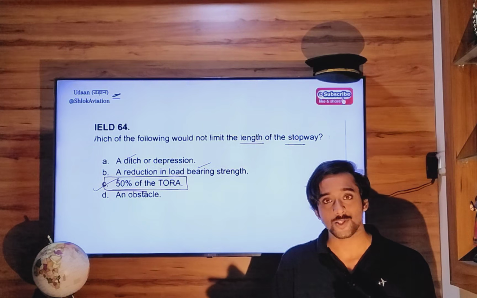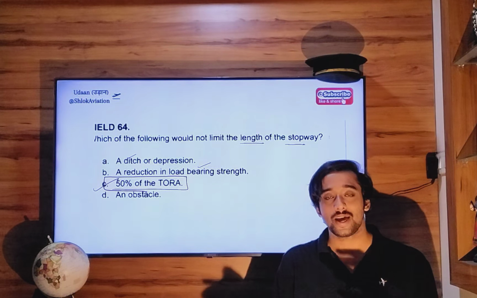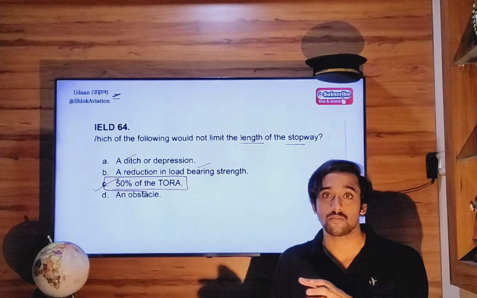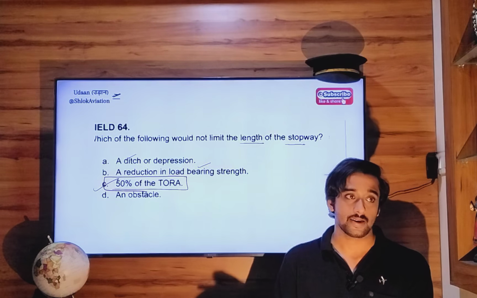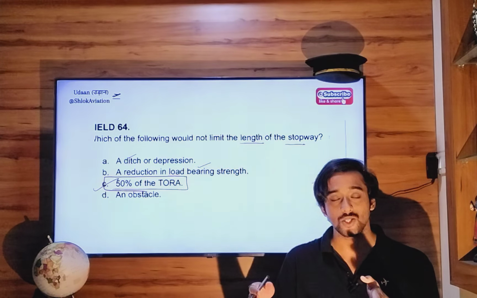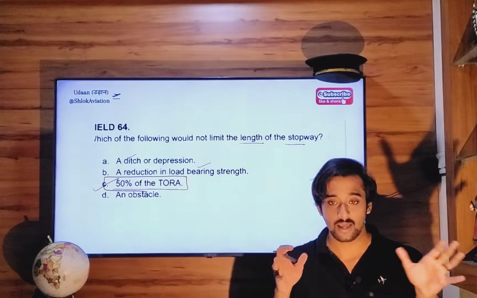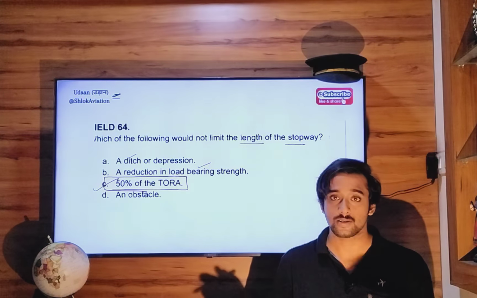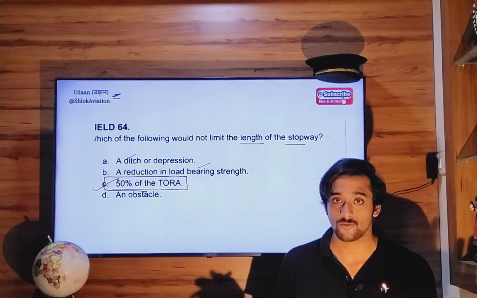Now, the main purpose of the stopway is to stop the aircraft immediately. Once your aircraft decides to abort takeoff, it has to be brought to a full stop within the available runway distance or at least the available stopway distance. It cannot go beyond that and cannot go beyond the boundaries of the airport.